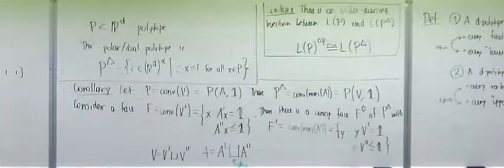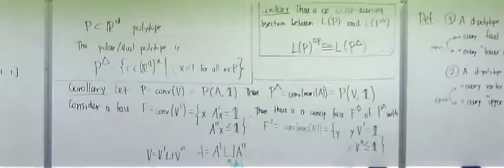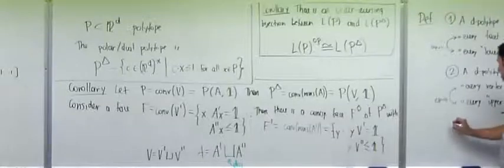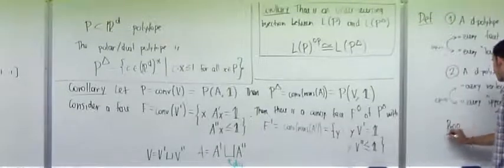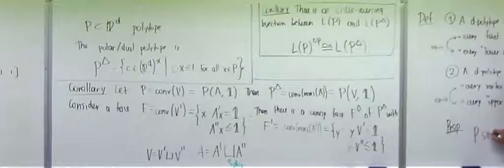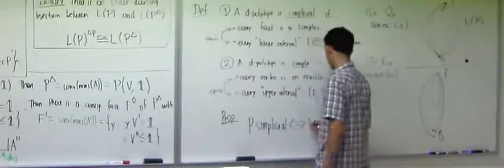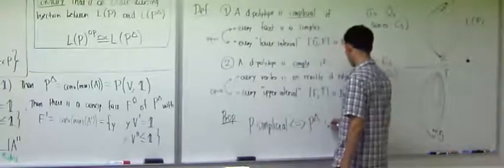And vice versa. It's an if and only if. Right? Because if every lower interval of... So, okay, let me repeat, because the students in Colombia didn't hear that. So a polytope... Let's actually write it. A polytope P is simplicial if and only if the dual is simple.